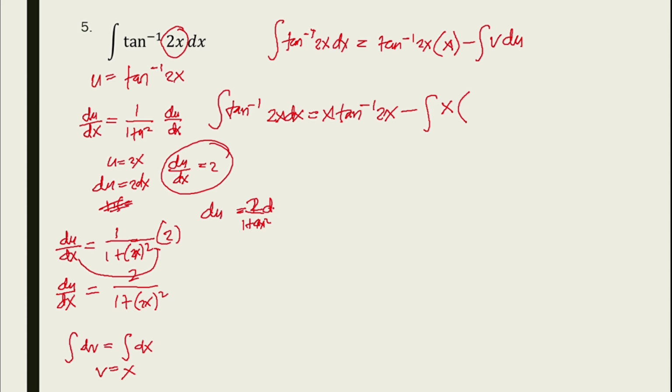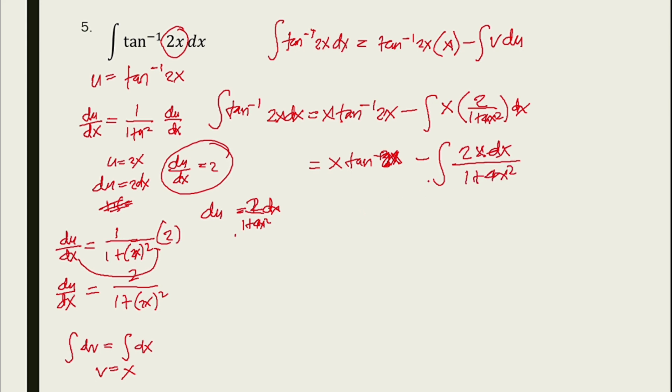So therefore this is our du. So this is 2 over 1 plus 4x squared dx. So by taking here the tangent, we have x inverse tangent of 2x minus 2x dx over 1 plus 4x squared.